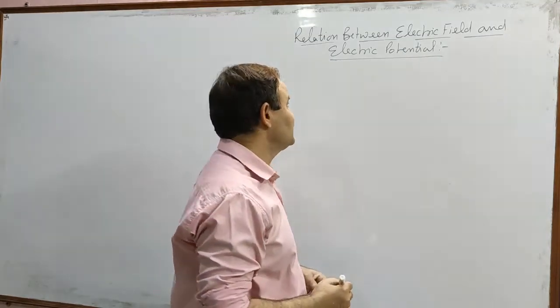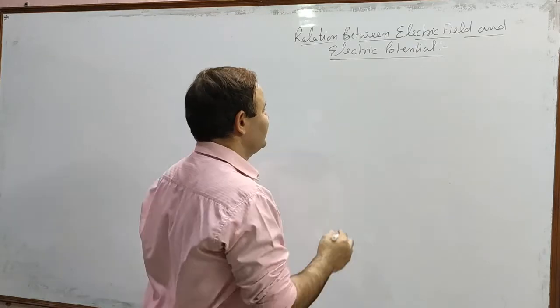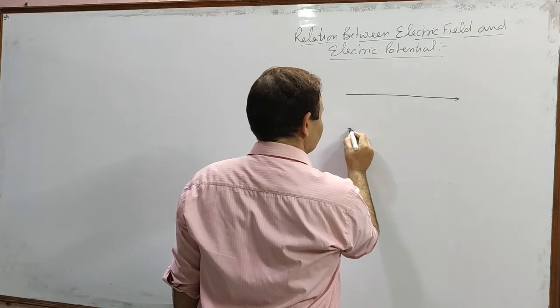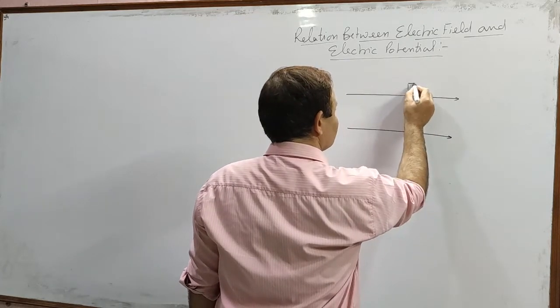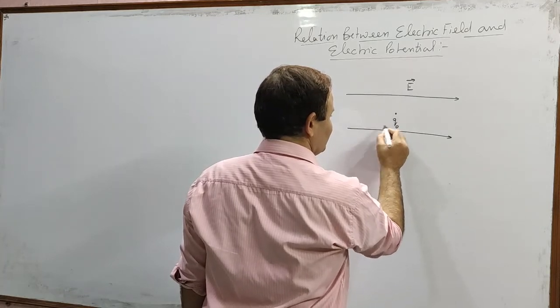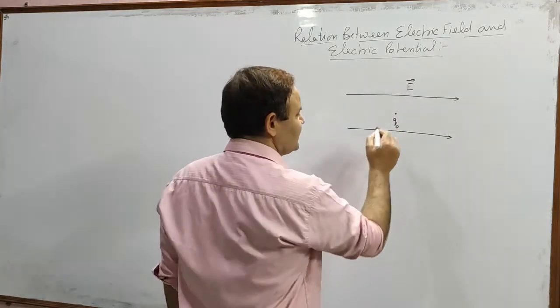Now, we will establish relation between electric field and electric potential. So here is a uniform electric field E in which a positive test charge Q naught is placed.